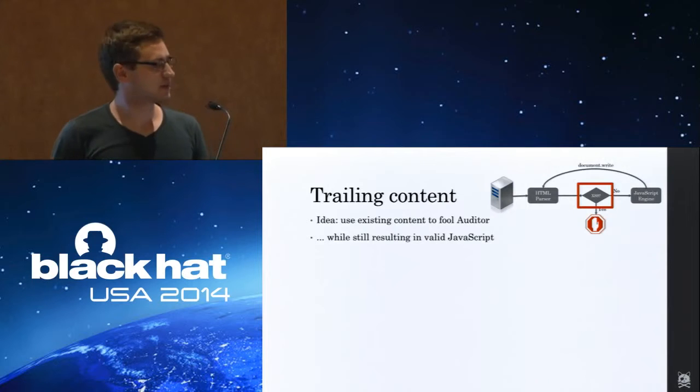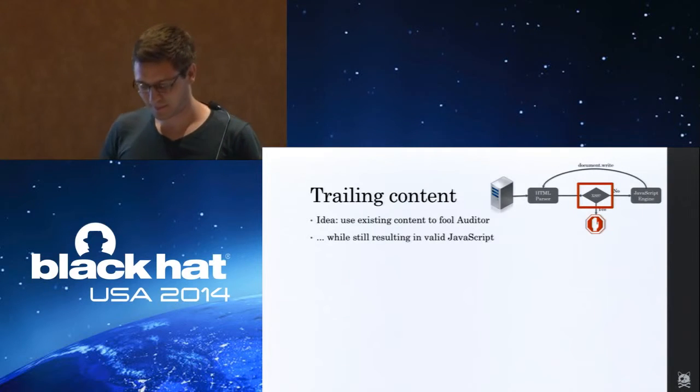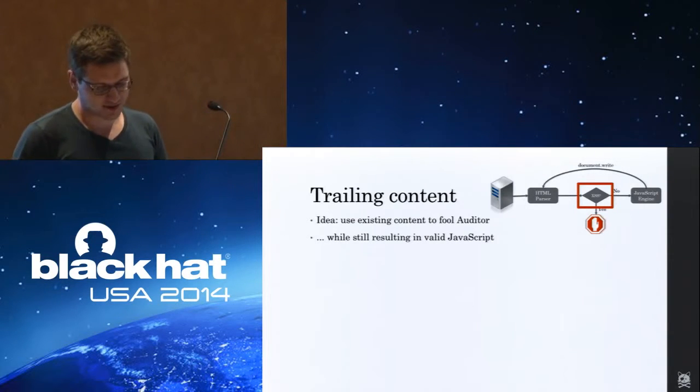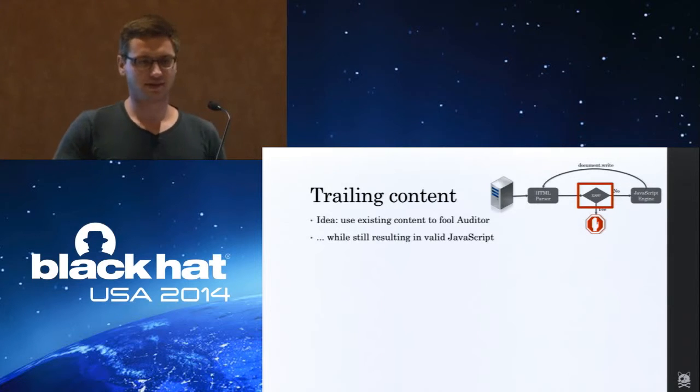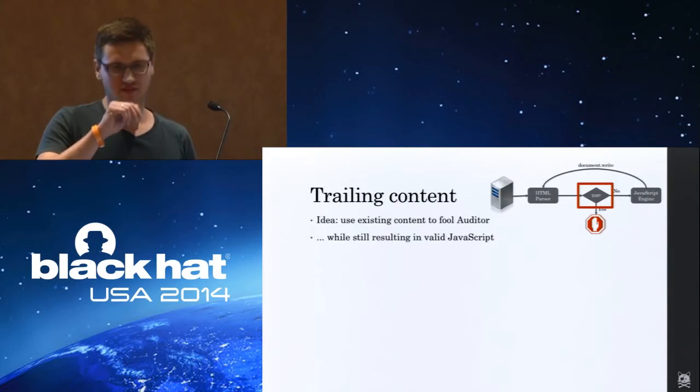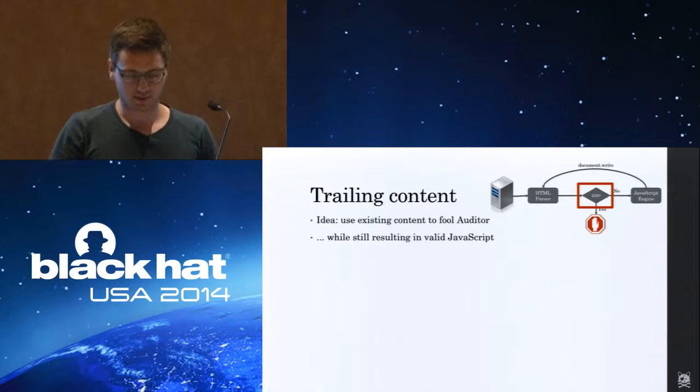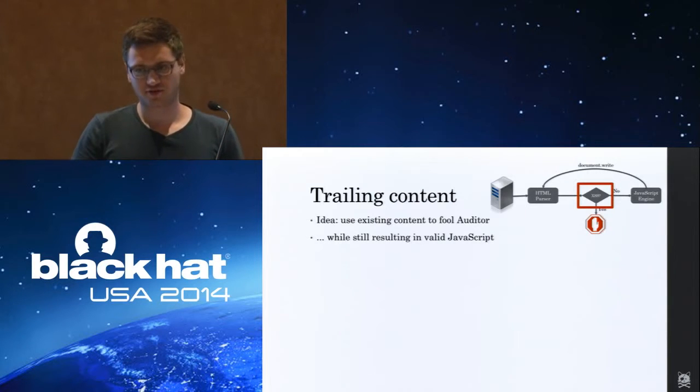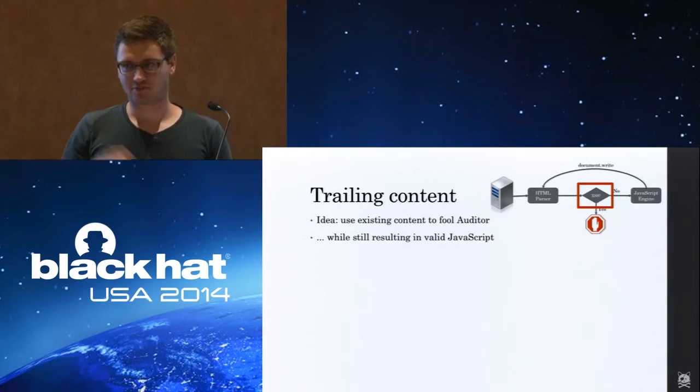Then something that is kind of similar is a class we call trailing content. The idea here is to use existing content that is out there in that page to fool the auditors. So you inject something, but there's more stuff behind that.